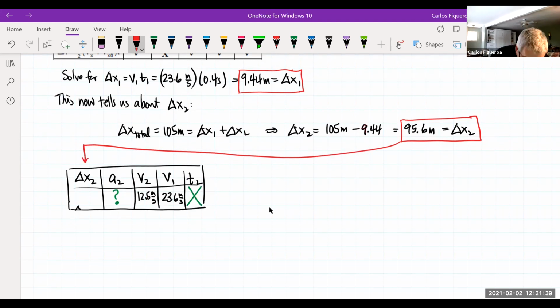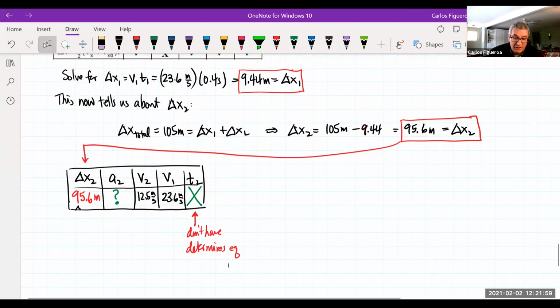Now I have one variable that we don't have that determines the equation.